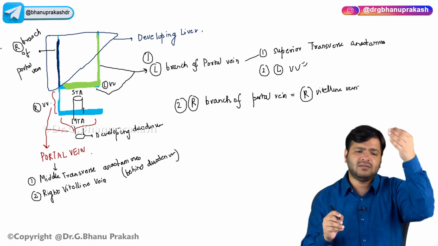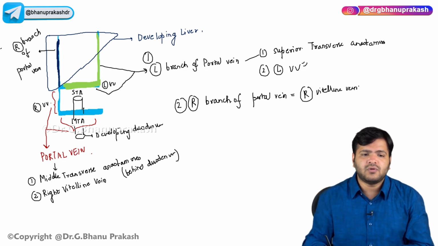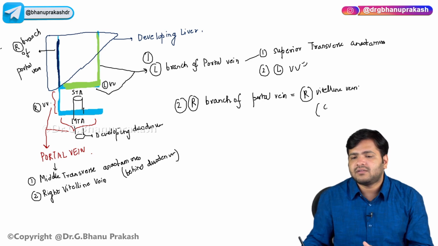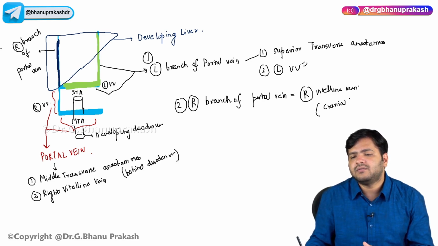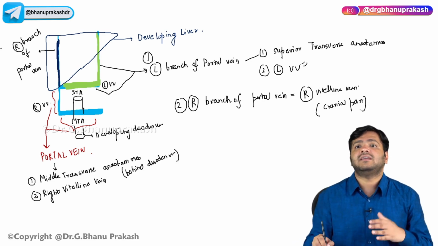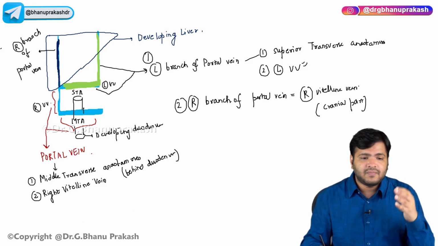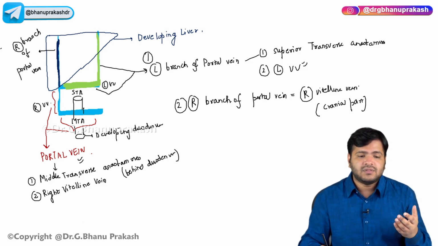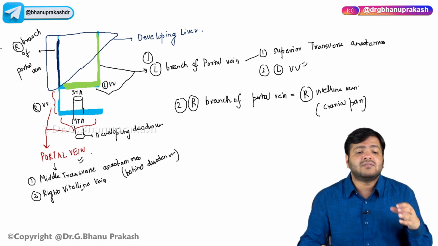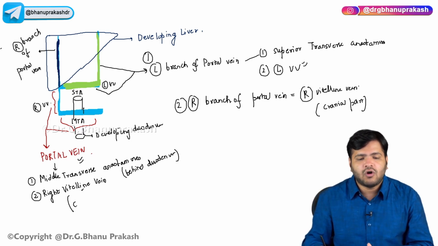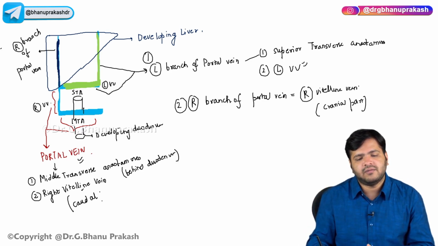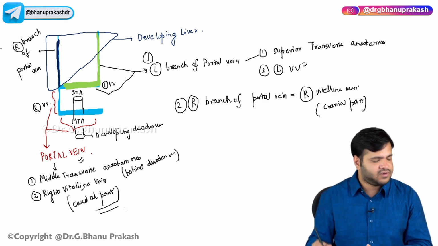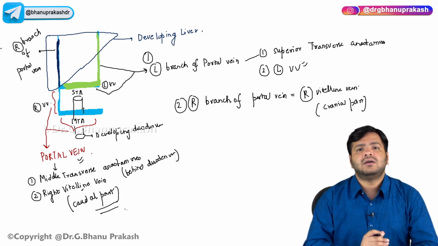And if you see this whole part, it is entirely the right vitelline vein, okay. So if I have to clarify, this is the cranial part of the right vitelline vein, whereas the part of the right vitelline vein which is contributing to the portal vein is the caudal part of the right vitelline vein, just to make it understandable.